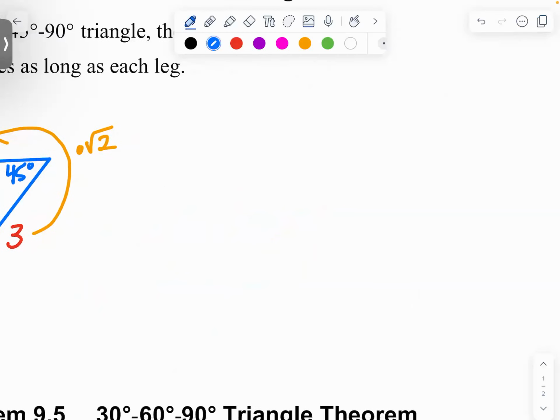In this situation, I want you to draw this triangle with me. When we have our hypotenuse, sometimes we have to do a little bit more work.